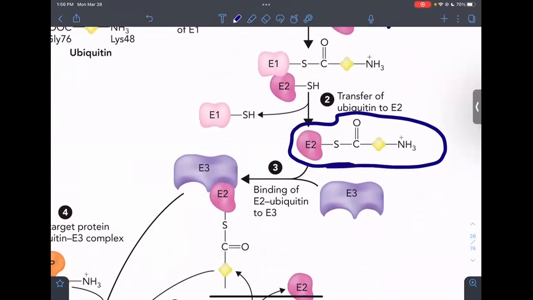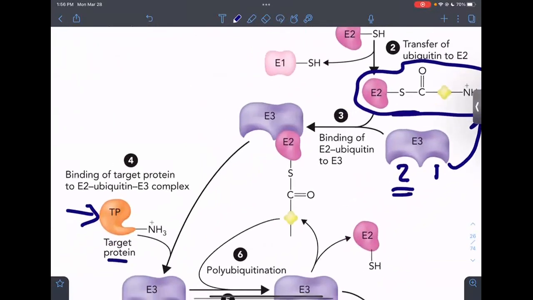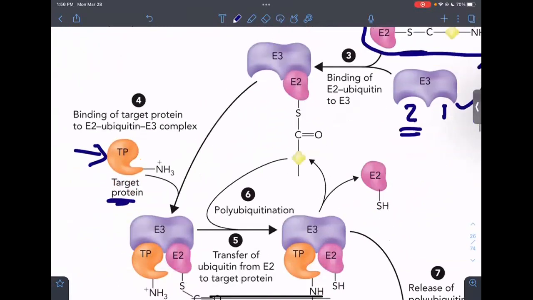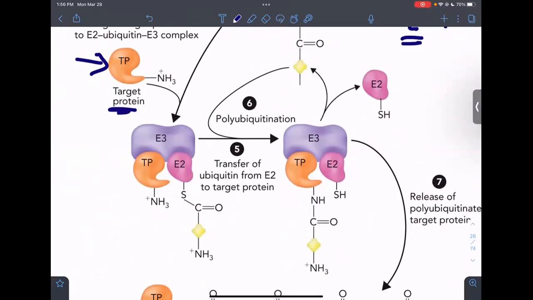And you can see on this E3, you have 2 binding sites. The first binding site is for E2 that has a ubiquitin attached to it. The second binding site is for your target protein. There are only certain target proteins that will bind to the E3 complex. But once you have both things attached to E3, then you're going to have a transfer of ubiquitin from E2.